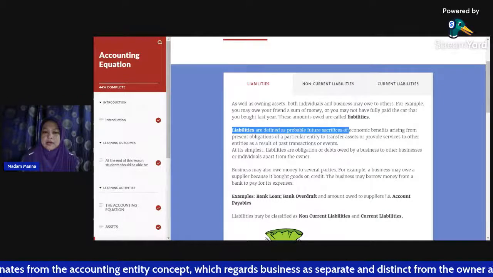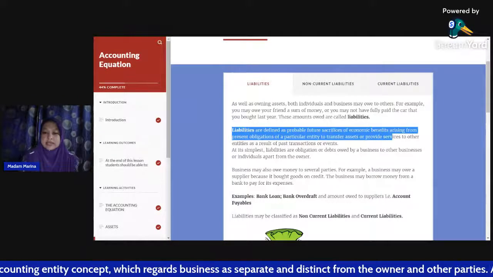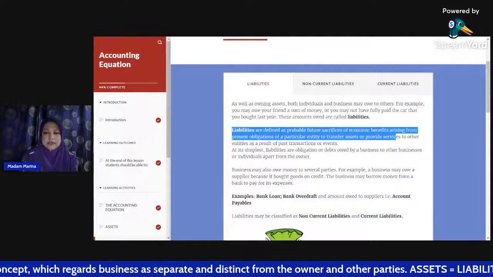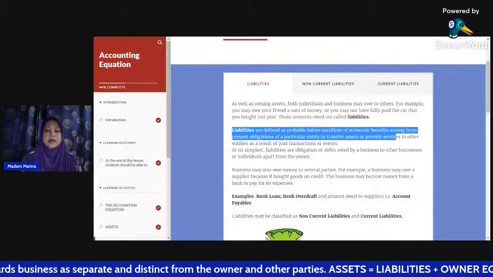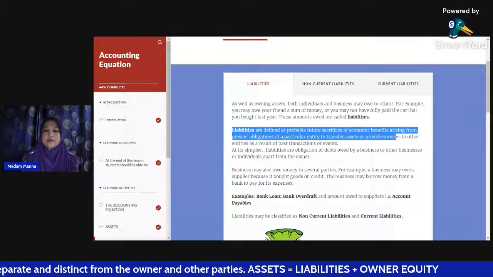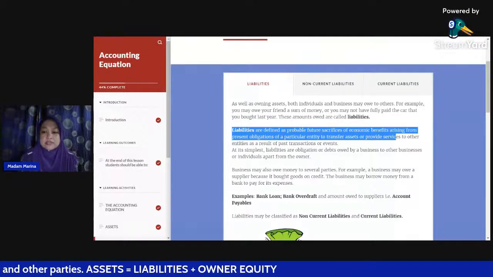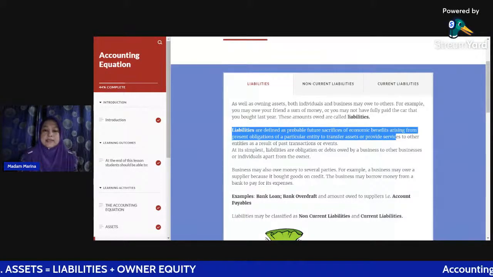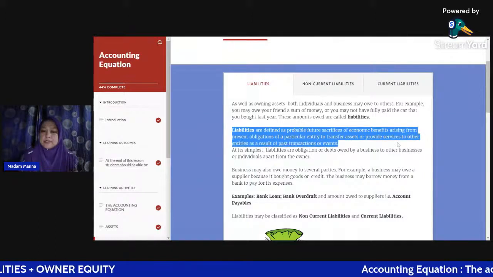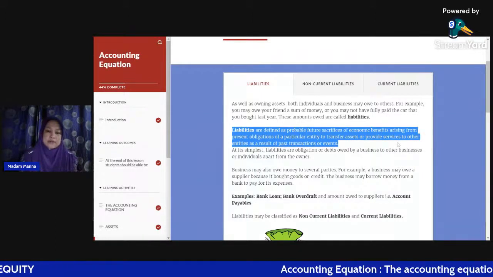Liability is defined as probable future sacrifice of economic benefit arising from present obligation of a particular entity to transfer assets or provide services to other entities as a result of a past transaction or events.